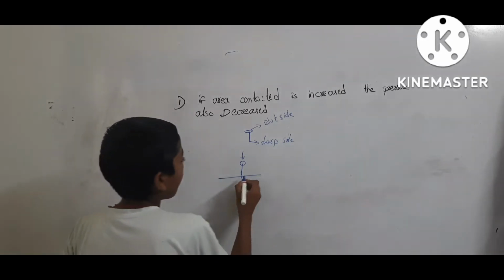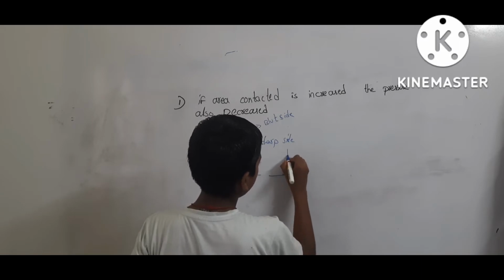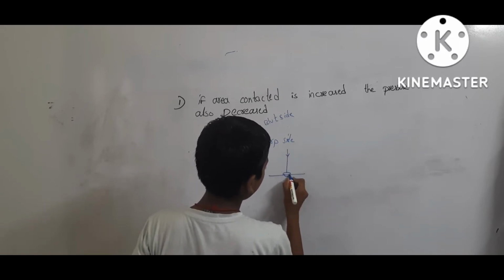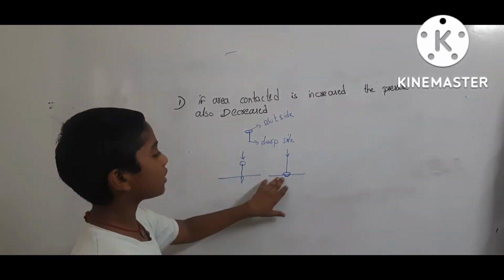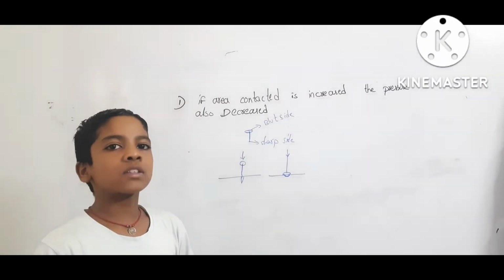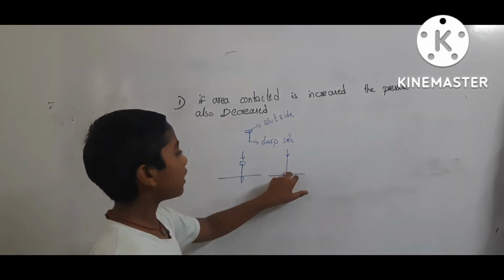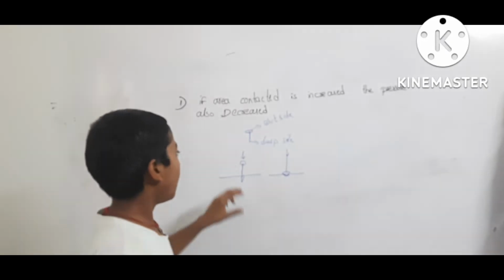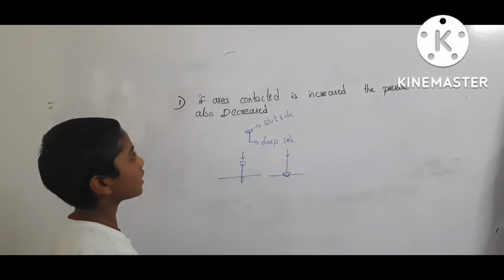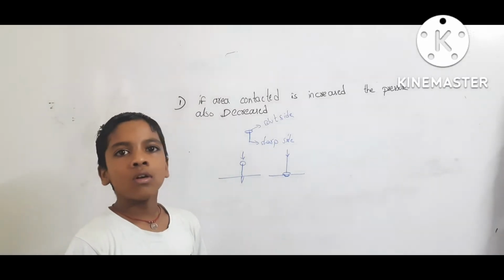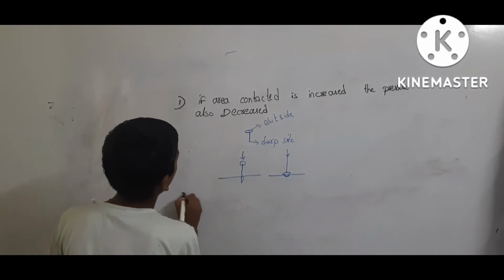Next, take the bolt side of the needle and apply pressure, and there is no hole, because the area increased and pressure decreased. With high pressure, the needle will work easily. The bolt side has high area and the sharp side has less area, so the sharp side goes into the wood. Okay friends, next, the second point.